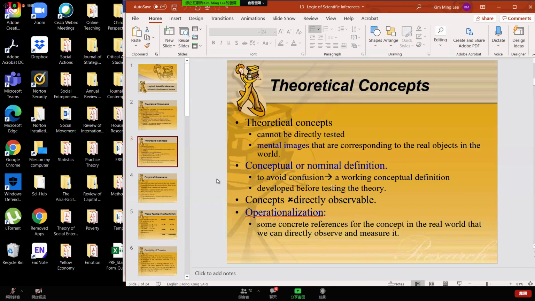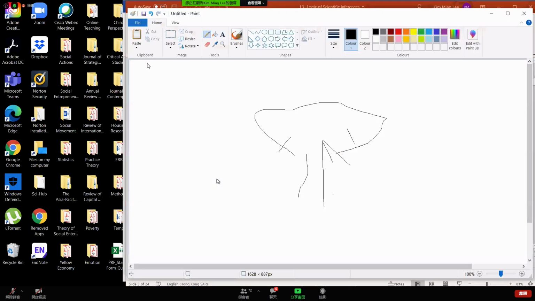So this is developed before testing the theory. And the concepts, as I mentioned, are in our mind, in our brain. They cannot be directly observed, just like a tree. For example, last time we talked about educational level.